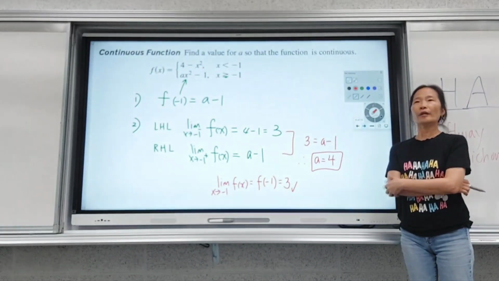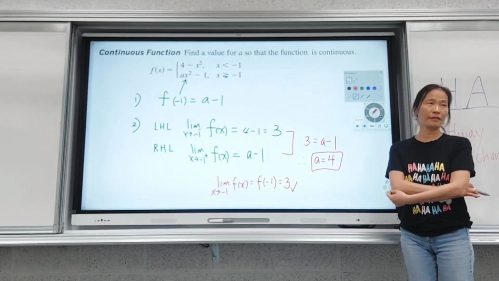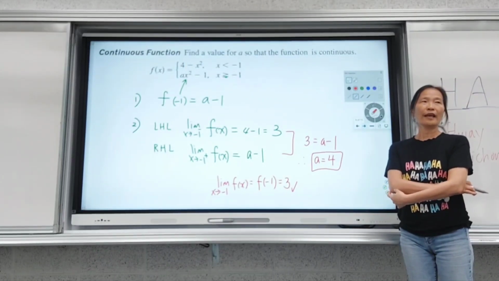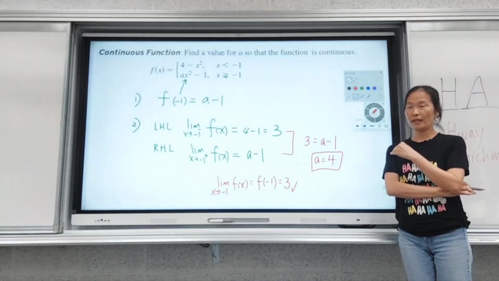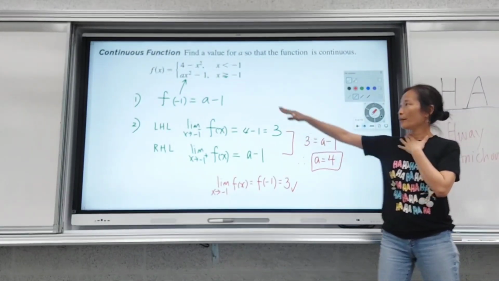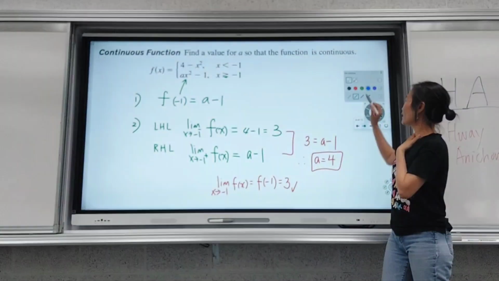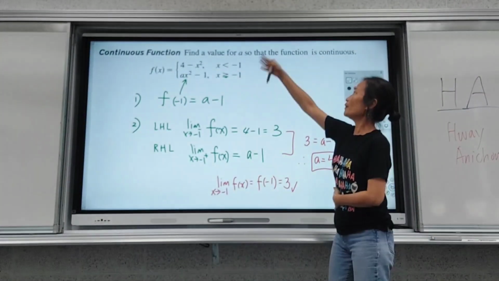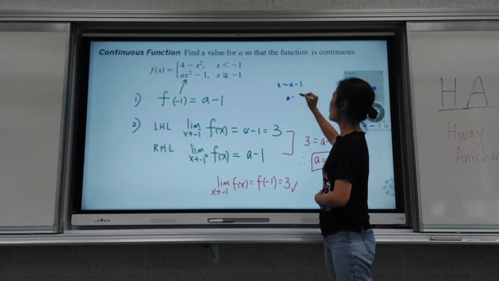A lot of problems for the AP Calculus AB student is communication skills. For the AP exam, you need to justify using theorems and definitions. So see how much work I have to do to answer that. A lot of students just sub in both and say 3 is a minus 1, so a is 4.